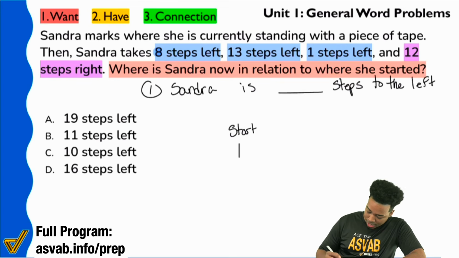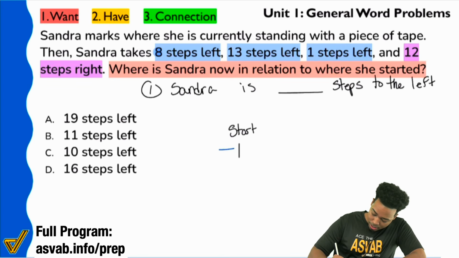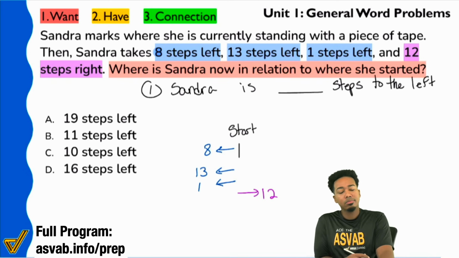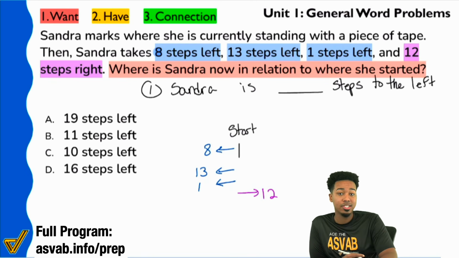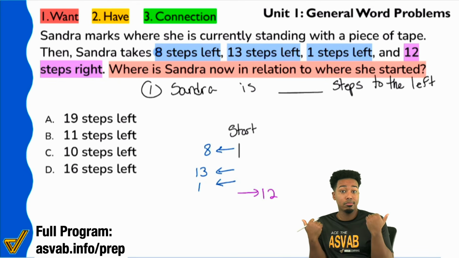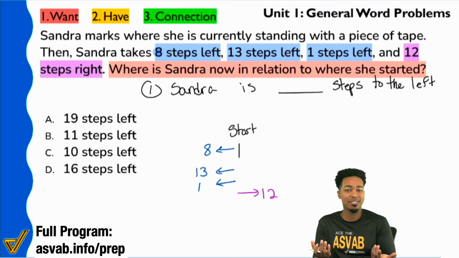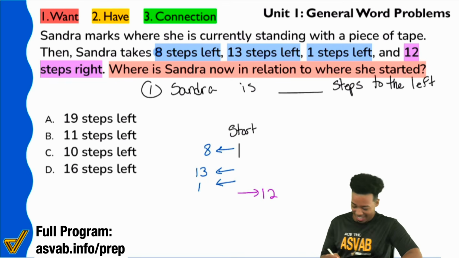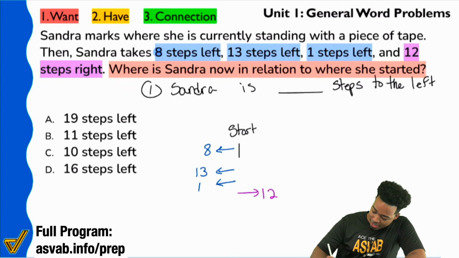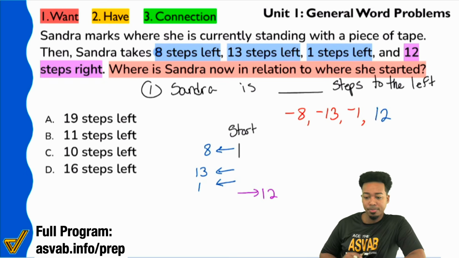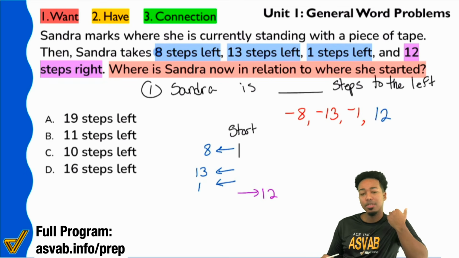Now, here's one way that we can incorporate this super easily: a number line. We can just say that negative is to the left and positive is to the right. That's a really easy way to go about this, and why not employ it? So we'll say that we have -8, -13, -1, and then a positive 12. Because everything to the left was negative, everything to the right is positive.